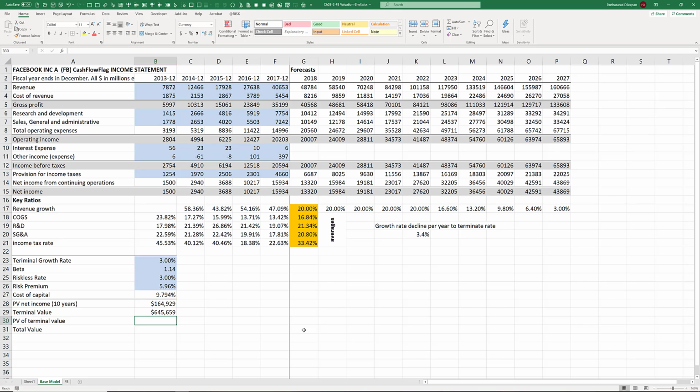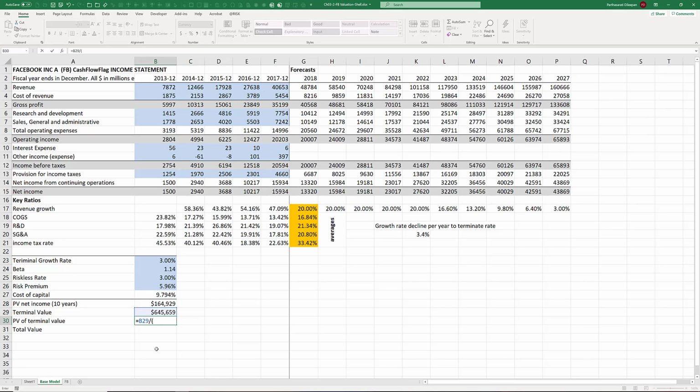Okay. Now we need to bring that into present value as well. So this is the terminal value at the end of year 10, and that needs to be brought to present value. So present value will be B29 divided by the compounding rate.